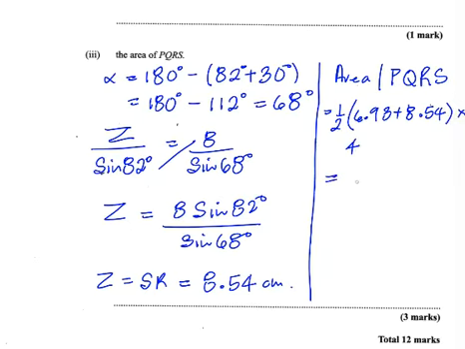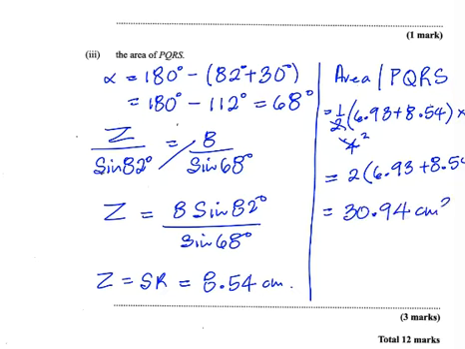So this would be equal to, the 2 is going to cancel the 4 two times, so it's 2 times the sum of 6.93 plus 8.54, and if you just put that in a calculator and press equal, the area is going to come out to be 30.94 centimeters squared.